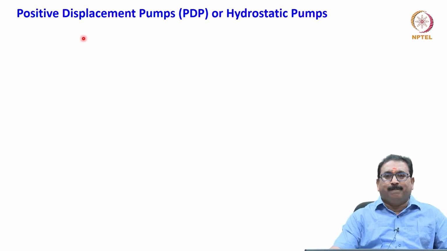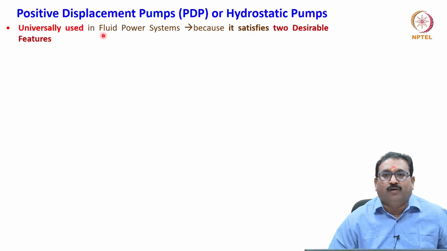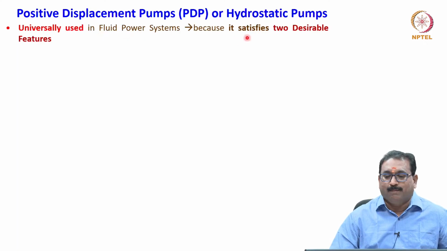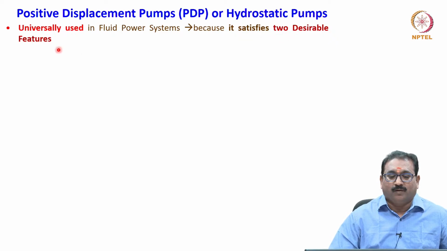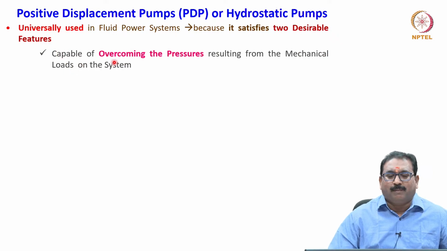Now we will see the positive displacement pumps, or hydrostatic pumps. They are universally used in fluid power systems because they satisfy two desirable features. What are those? Capable of overcoming the pressures resulting from the mechanical loads on the system.